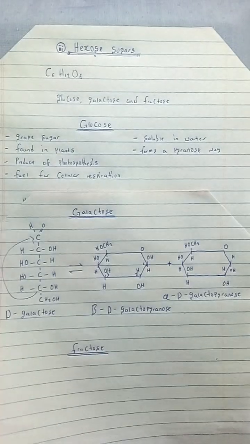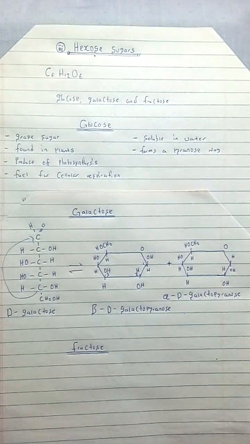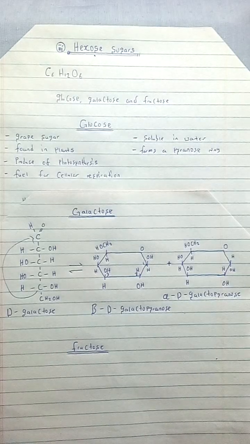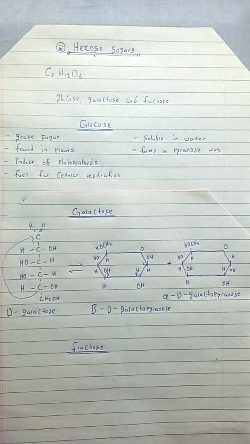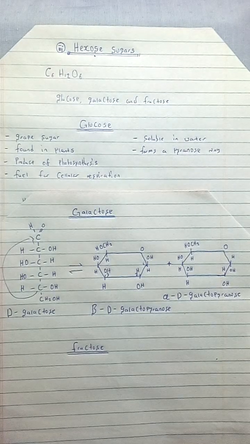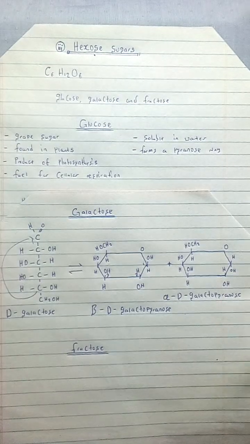But fructose is a weak reducing sugar because its open chain structure is able to isomerize. We'll discuss what that means. The idea is that its open structure is able to isomerize into an aldose sugar, so it is able to form something like glucose.